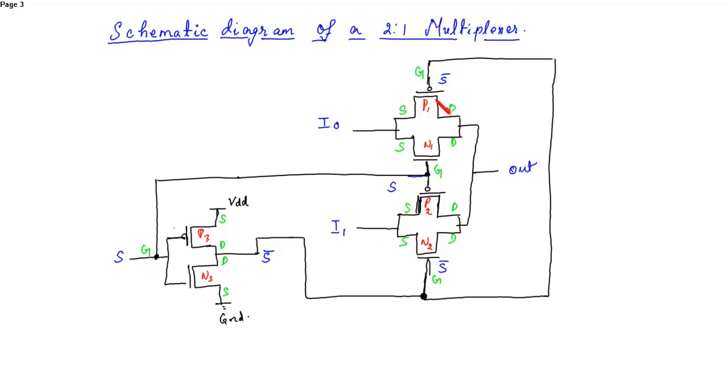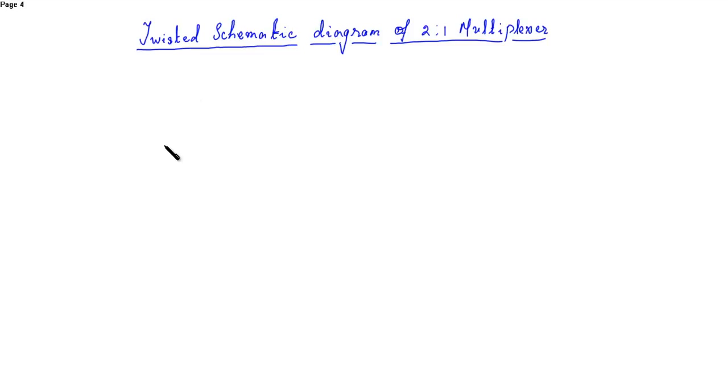So we have to twist these PMOS and NMOS in order to obtain the twisted schematic. So there are a total of 3 PMOS and 3 NMOS. So first draw the PMOS and NMOS. This is PMOS 1.